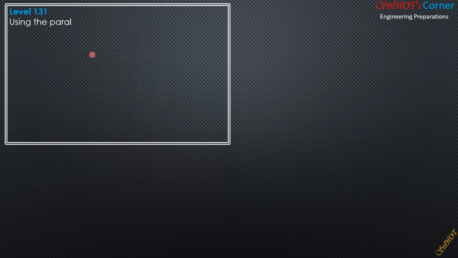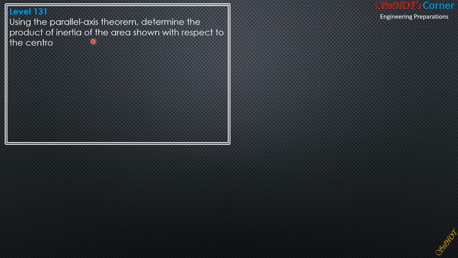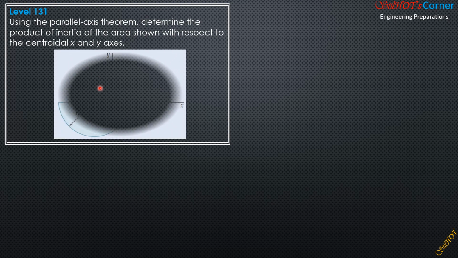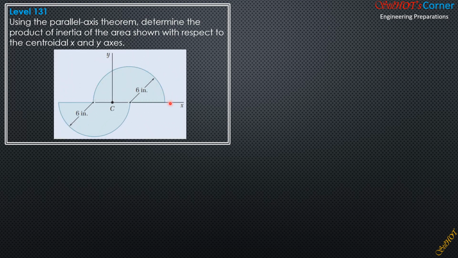Level 131. Using the parallel axis theorem, determine the product of inertia of the area shown with respect to the centroidal x and y axis. So here is the figure. So the location of the centroid of this semicircle is here. From the x-axis, 4r over 3 pi, 4 times 6 over 3 pi, 4 times 6 is 24, divided by 3, 8.